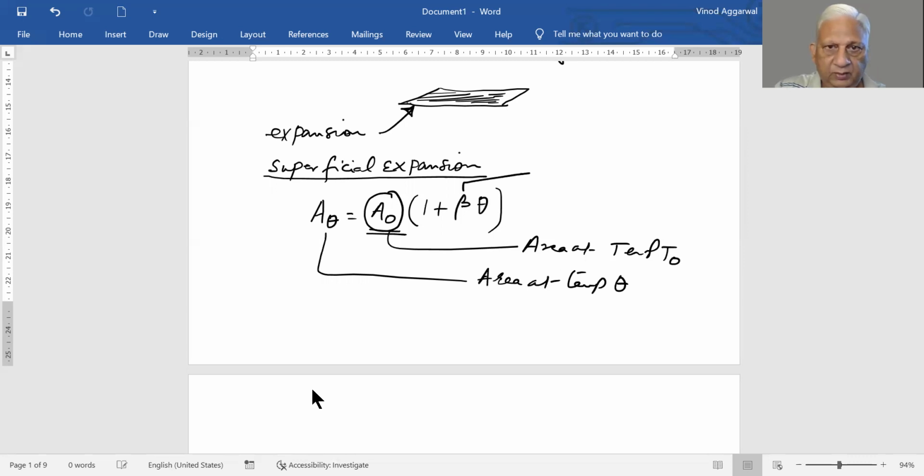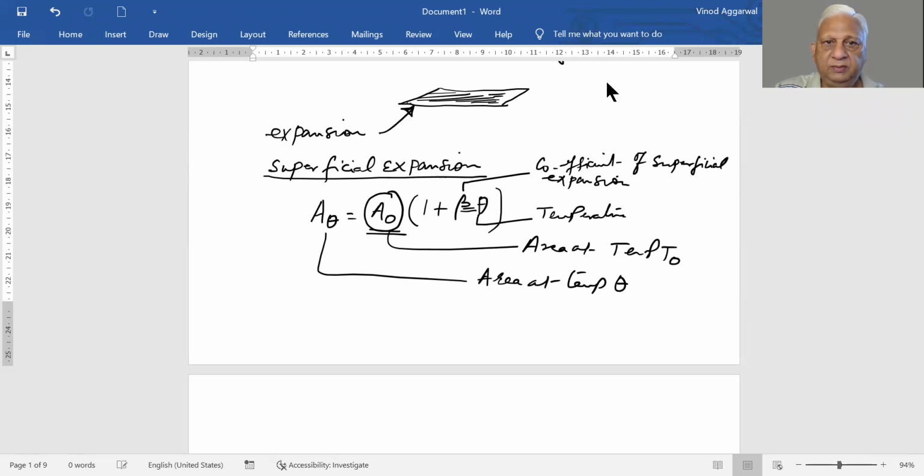This beta is the coefficient of superficial expansion, and theta is the temperature difference between T0 and T theta.